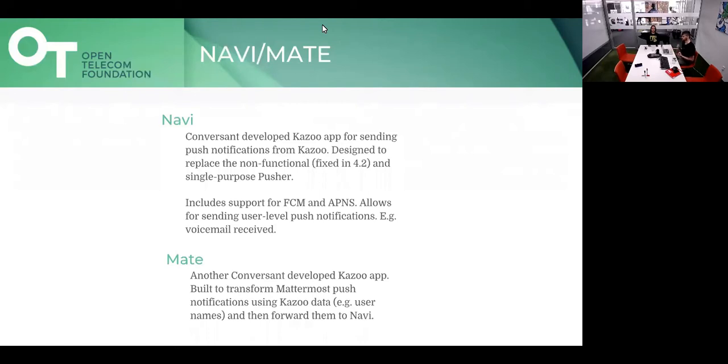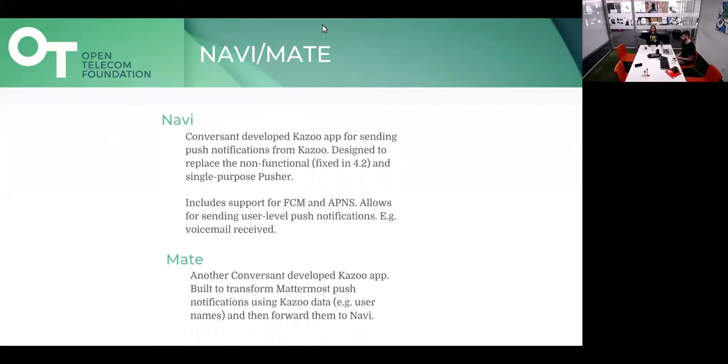So we wanted to be able to send the chat notifications, we wanted to send voicemail notifications. I think the important point here is that they were considered user level push notifications, so we wanted to send them to a user, and Pusher didn't really have capacity to do these things.